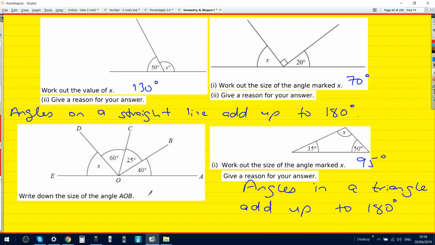So is x 55? So x is 55. Is that the one they were asking about? Oh no, it was the size of the angle AOB. So would you have to add 55 and 40 together? Well, which angle is AOB? A to O to B. Oh, 40 degrees. Yeah, so that's testing that, and you'll see that more.